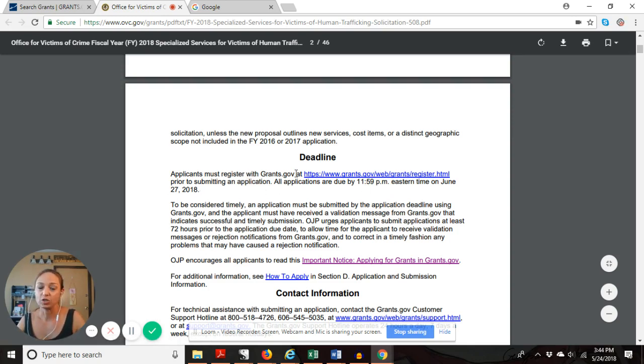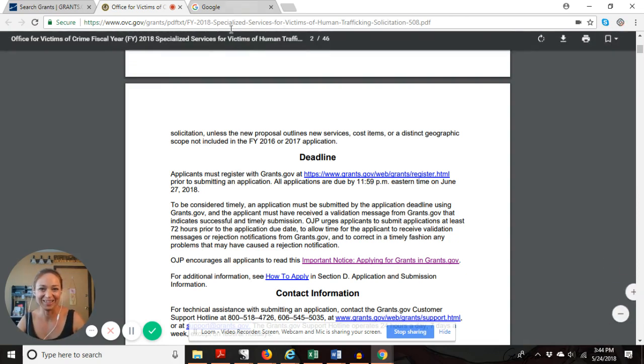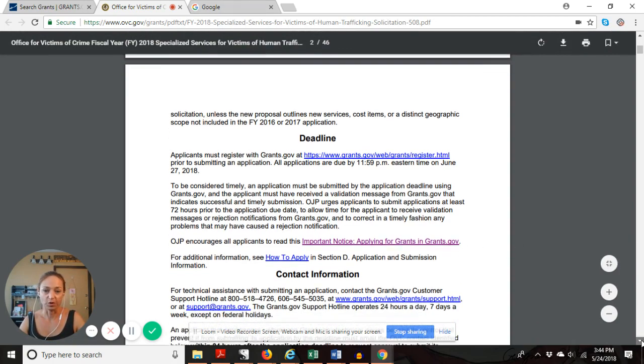And you must register with Grants.gov to be able to submit this. And we already did a podcast on how to register on Grants.gov, so you can definitely check that one out. And then, of course, I say don't have that be your deadline, though. Have 2 days before that deadline be your deadline, because it gets crazy if you put it off too long.